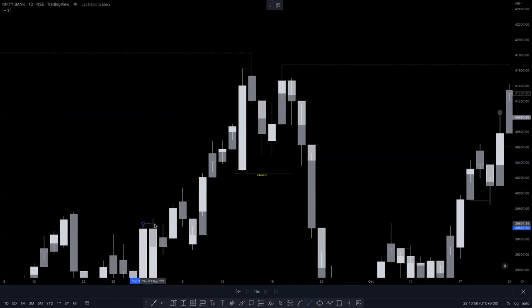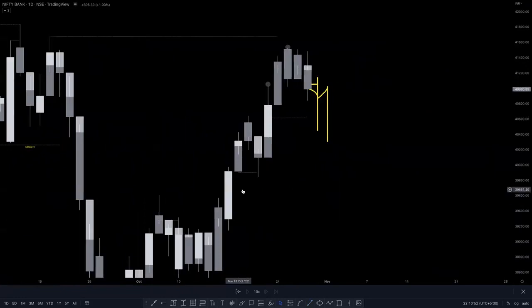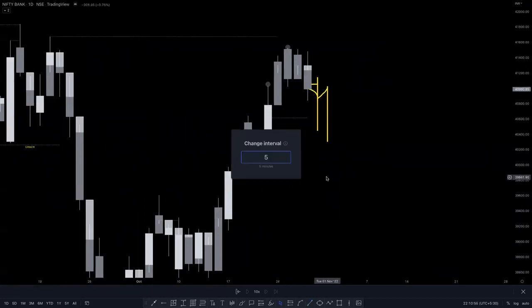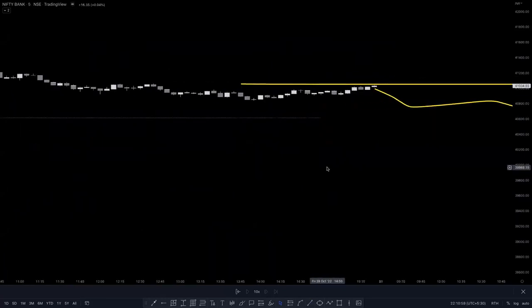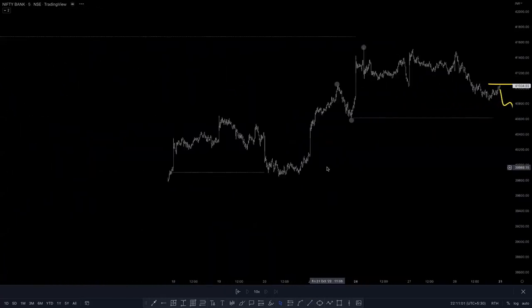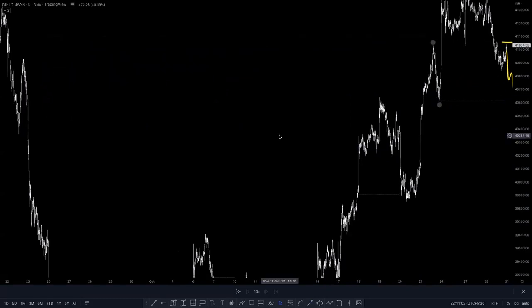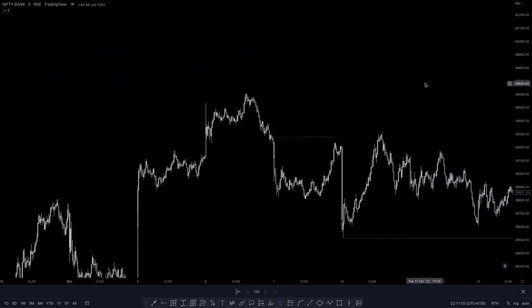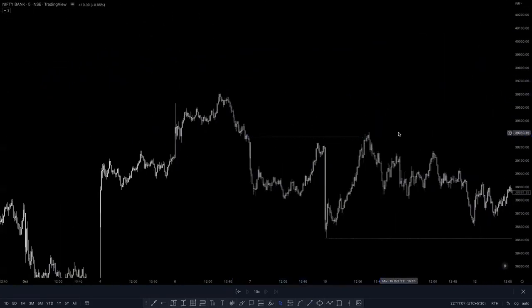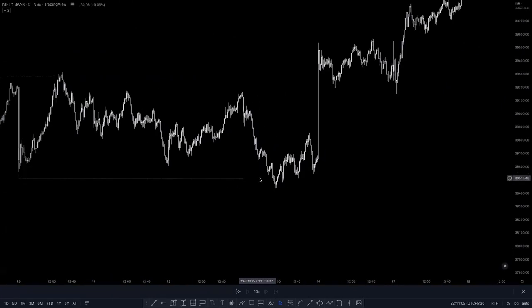Okay, liquidity sweep. So if you switch here into a 5 minute structure, then you will see these are liquidity sweeps and these are liquidity sweeps.